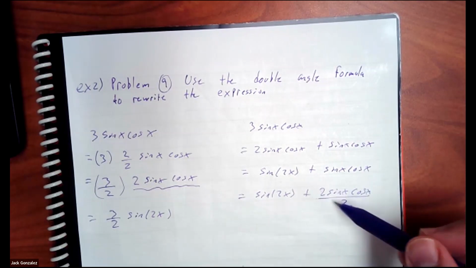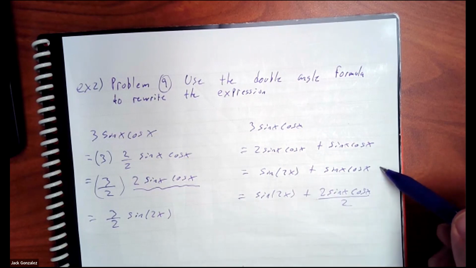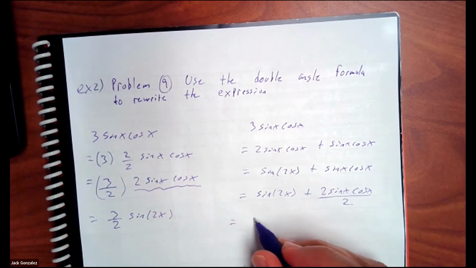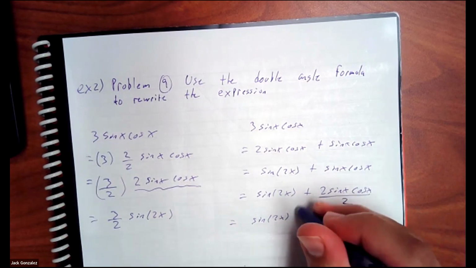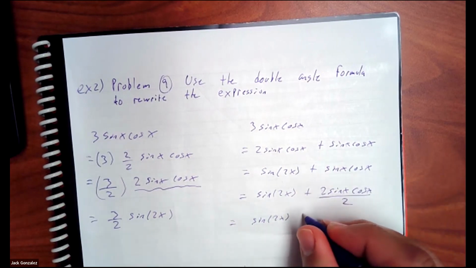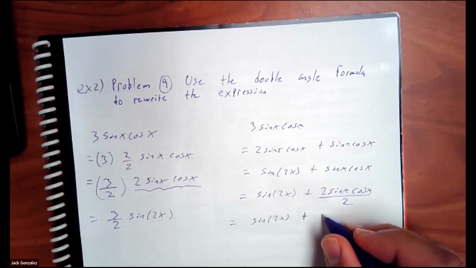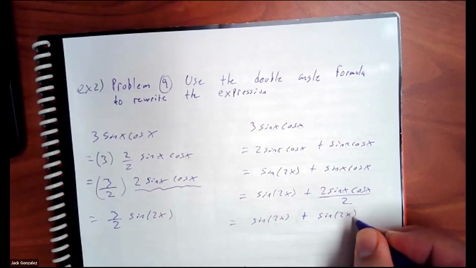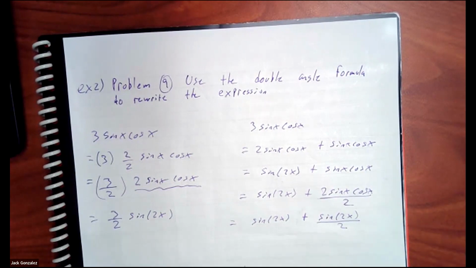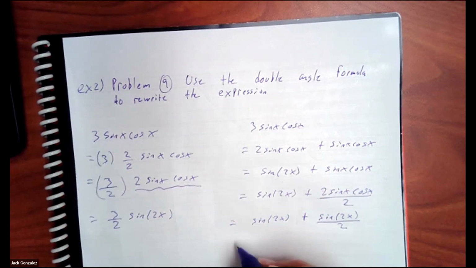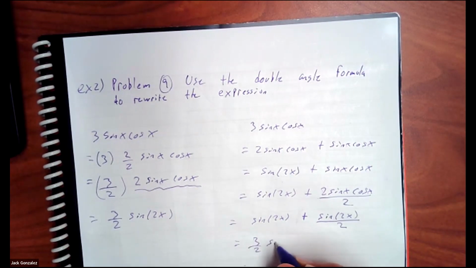All right, so 2/2 cancels. It's as if it's not there, right? So you could do it this way and change the top, which will then get you to here anyway.